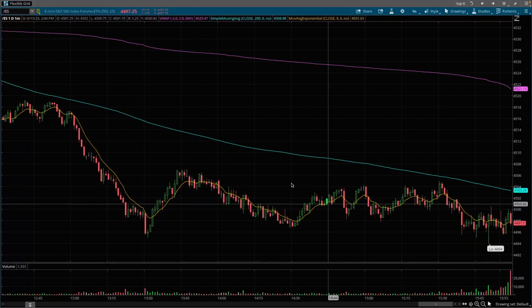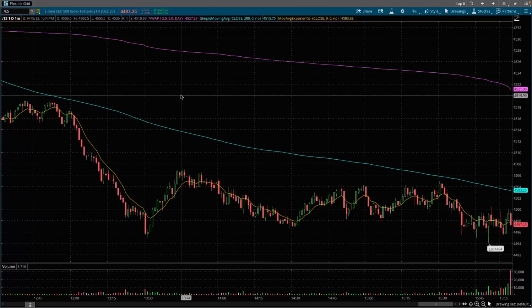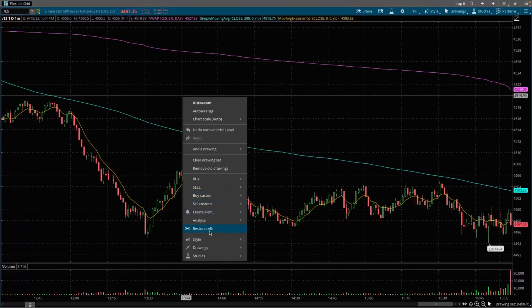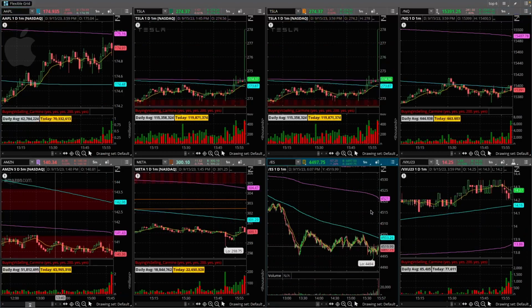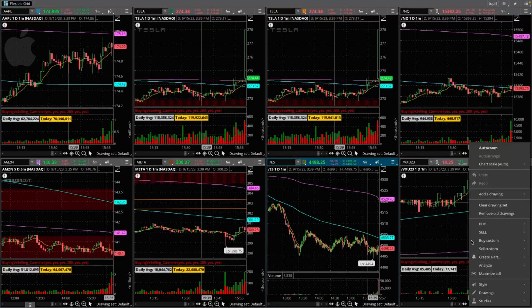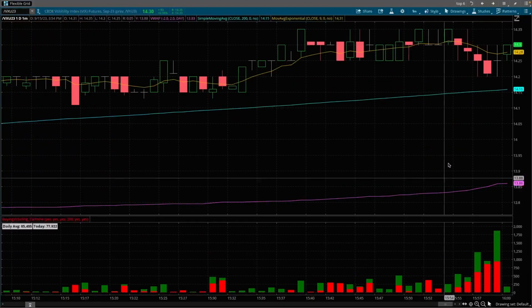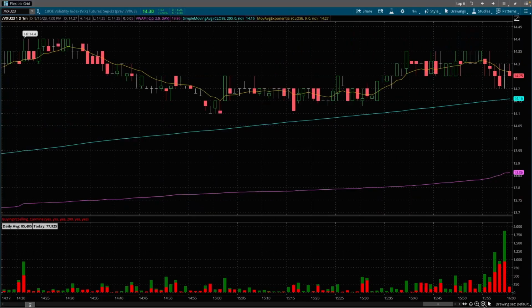First thing I'll do, besides just checking all this, is I'll go and check the VX futures to see what it's doing. Now, VX futures moves opposite of the S&P 500.